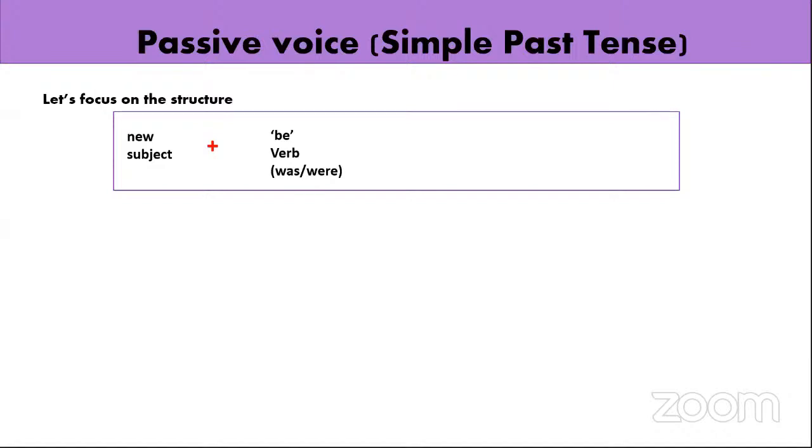You have to focus your attention on this be verb. Earlier, as it is simple present tense, we used am, is, are. Here, as it is simple past tense, you have to use was, were. Depending on the subject, you have to use was, were. Next, the past participle form of the same thing.